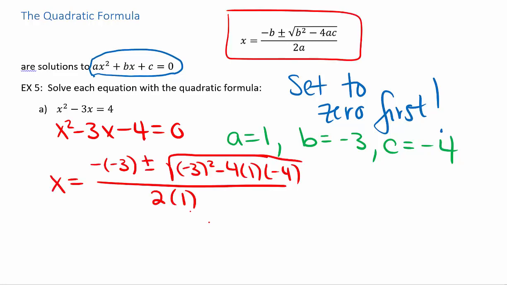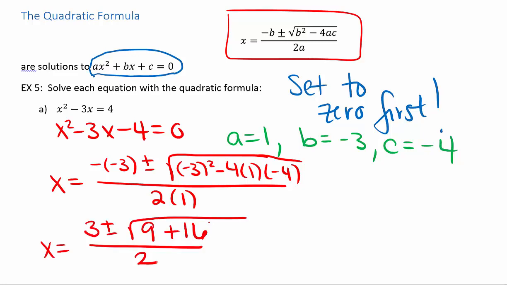And now we just have to plug those numbers into that formula that was given to us. So in this formula I have circled, everywhere I see a B, I've replaced it with a -3. Everywhere I see an A, there's a 1. And everywhere I see a C, I put in a -4. And now I just have a lot of arithmetic to do.